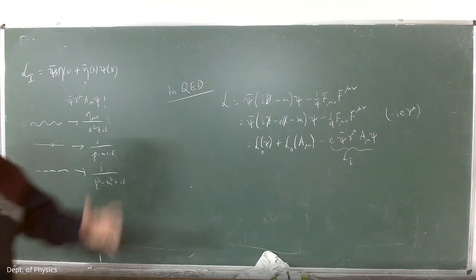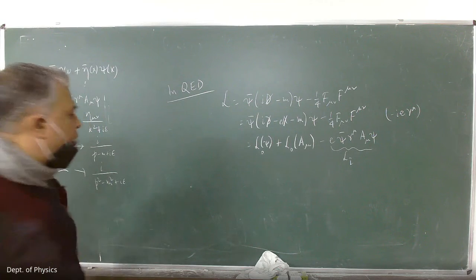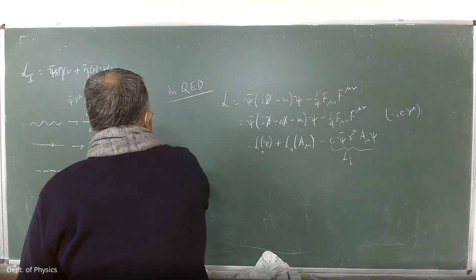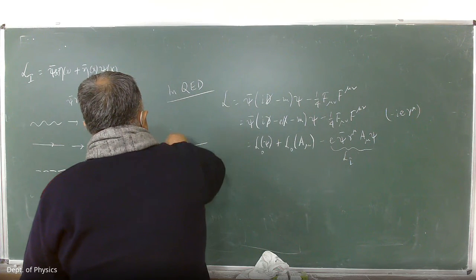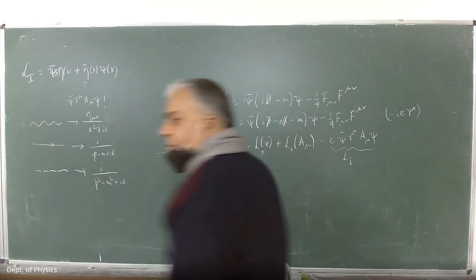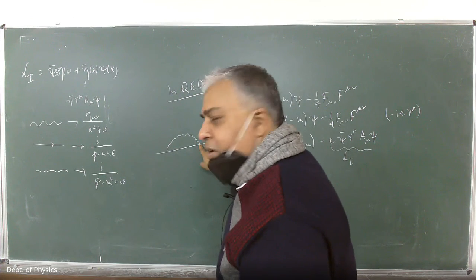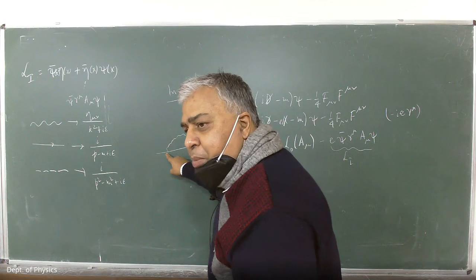So what are the arsenals you need? You need the vertex. A typical Feynman diagram in QED will be like an electron moving, emitting a photon, and the photon is getting reabsorbed later. So there is one vertex here, another vertex here. The electron is propagating using the Dirac free propagator.